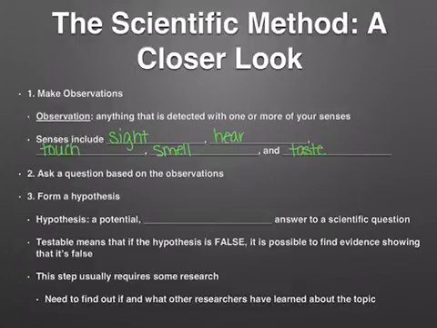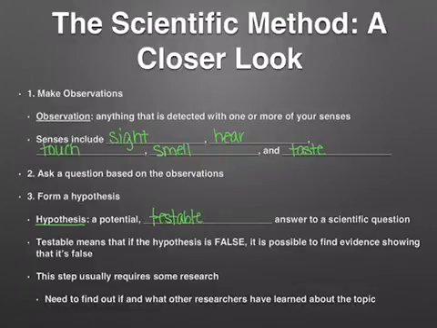Your second step is to ask a question based on observations. And the third step is to form a hypothesis. A hypothesis is a potential, testable answer to a scientific question.